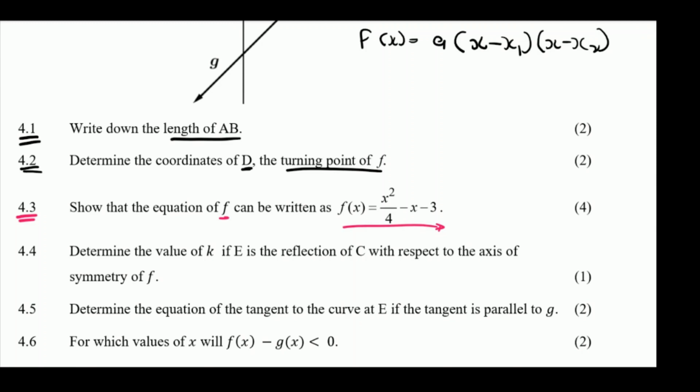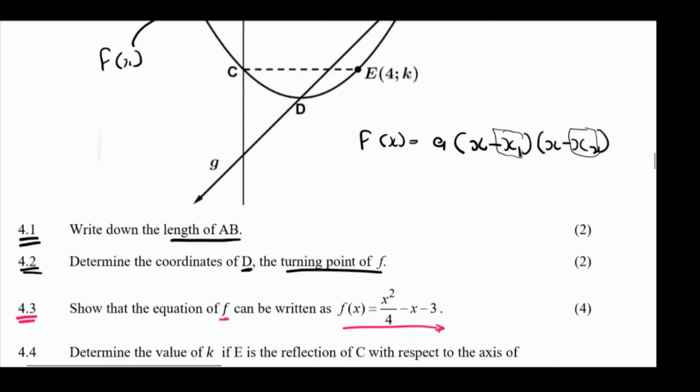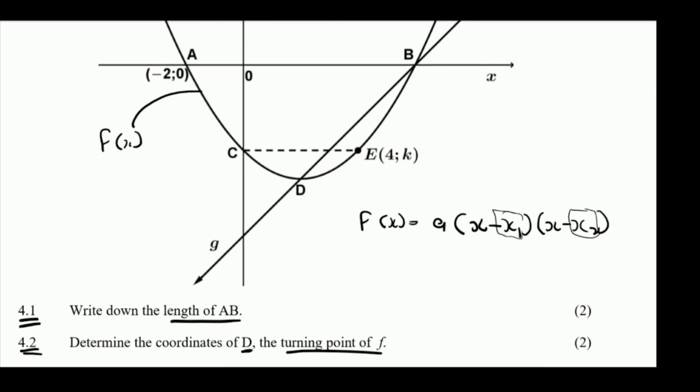And our x-intercepts are what we're going to substitute here, right? How do we find the x-intercepts? So we know that the x-intercepts are the points A and B. So A is minus 2 and 0, B is equal to, so we found B to be 6 and 0 from the previous questions.